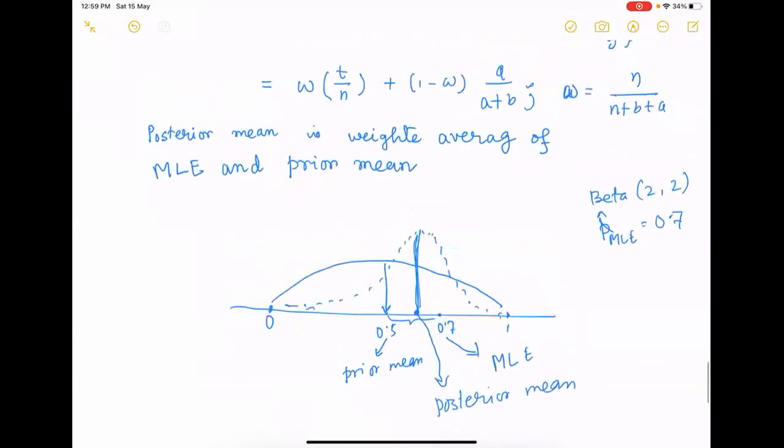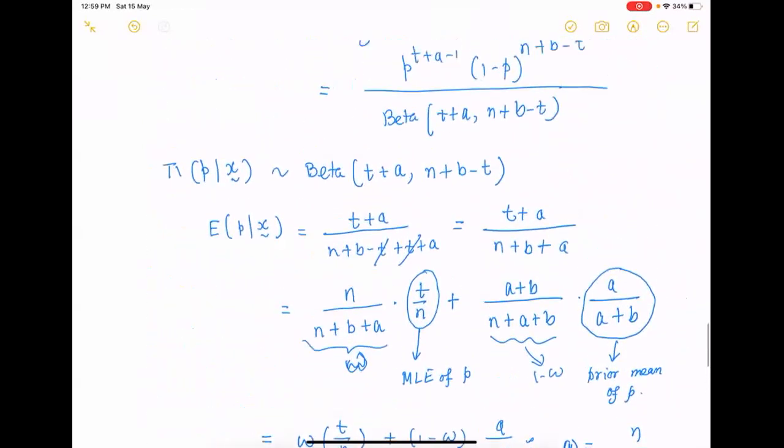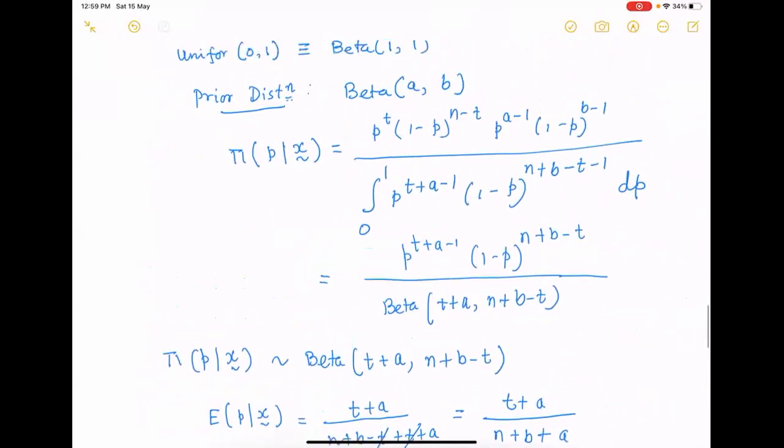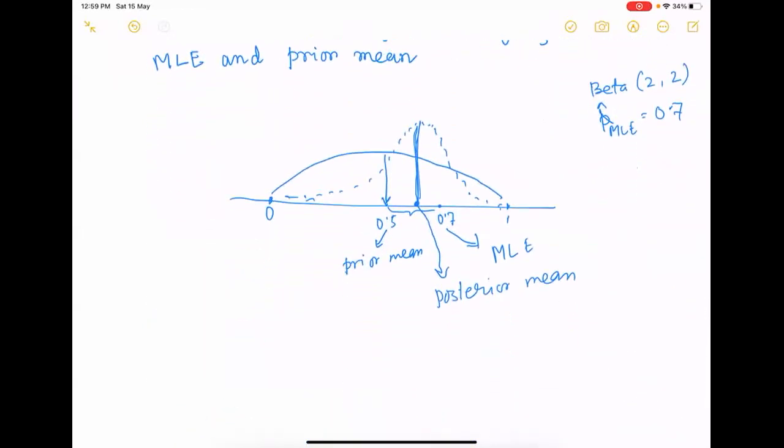So this is the idea of how Bayes estimators work. Sir, this also gives us a lower and upper bound for the posterior mean. Yes, yes, yes.